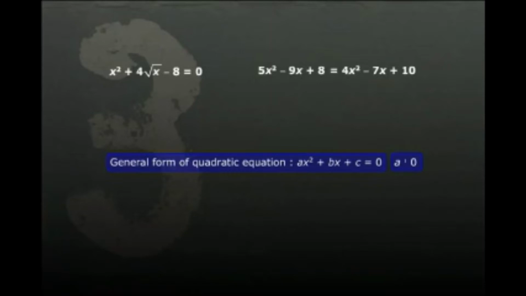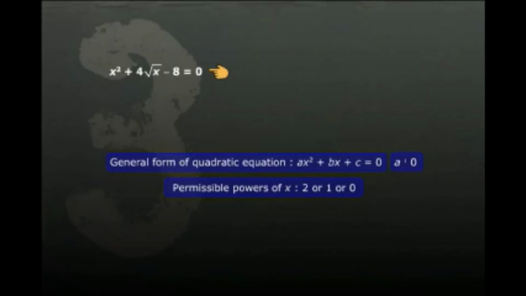So the permissible powers of variable x are only 2 and 1. We can also include 0 because we can write the constant term c as c into x to the power 0. Okay? Now the first equation is x squared plus 4 root x minus 8 equals 0.